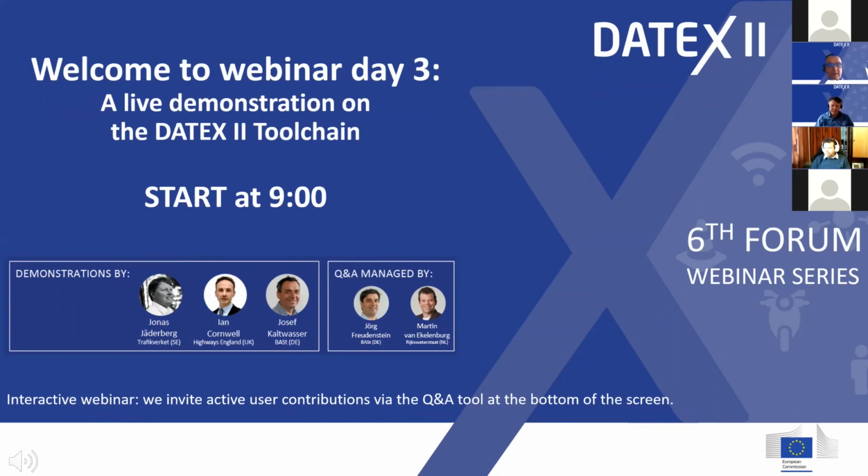And we have with us Ian Cornwall, who is in DATEX2 on behalf of Highways England, and he will show you how to create a client that will access the service. And the two guys will use different environments. So Jonas will work with C# and .NET, and Ian will work in a Java environment to show you a little bit how this works across different environments.